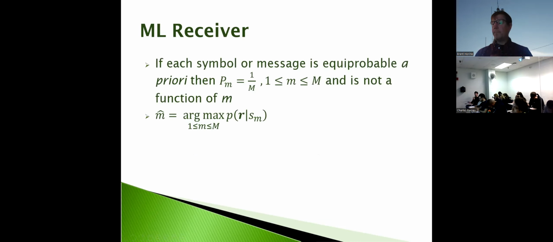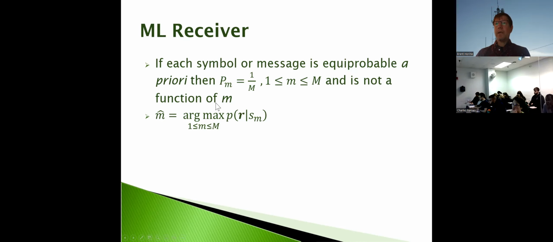Okay, but if each symbol or message is equiprobable a priori, like we know that the probability of which message is being sent is equiprobable, meaning that it follows a uniform distribution, therefore its probability is 1 over capital M, where it can take on any of these values from 1 to M equiprobably, then it is not a function of M, right?